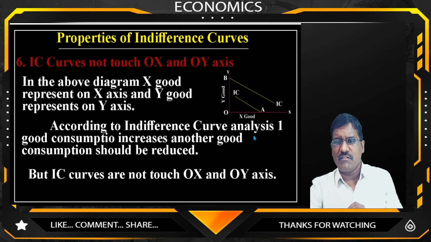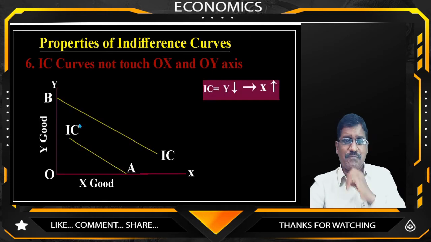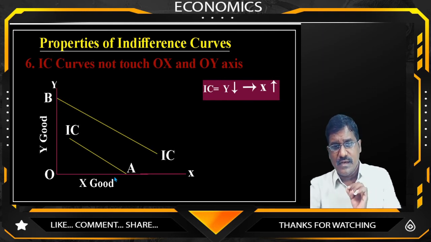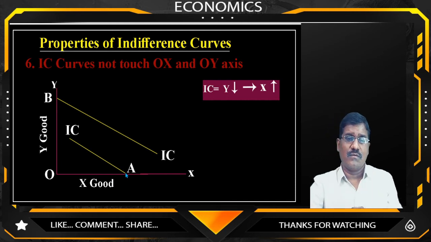According to indifference curve analysis, when consumption of one good increases, consumption of the other good should be reduced. But IC curves do not touch the OX axis and OY axis. See here, the IC curve touches the OY axis at point B. Here the IC curve touches the X axis at point A. So indifference curves do not touch the OX and OY axis.